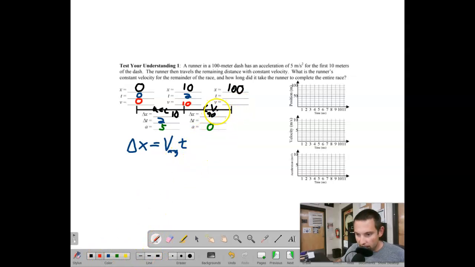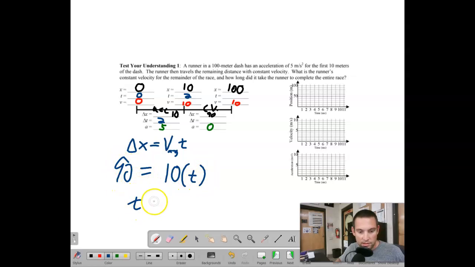It's a constant velocity. So that means the ending velocity is the same as the starting velocity, and the average is just that same velocity. 10 times t equals 90. So that means t2, the second segment, is going to equal 9 seconds. 9 plus 2 is 11. So our graph is going to end at 11 seconds.